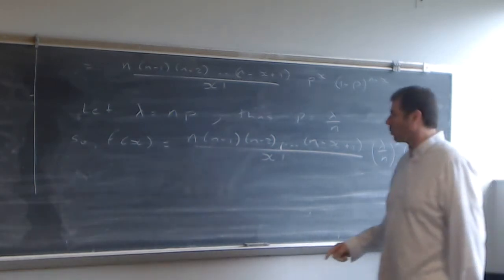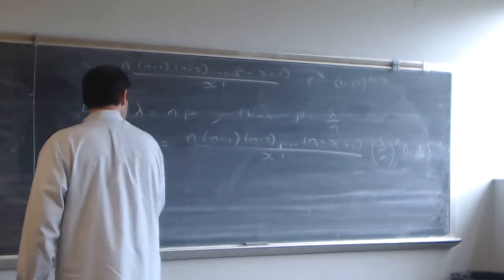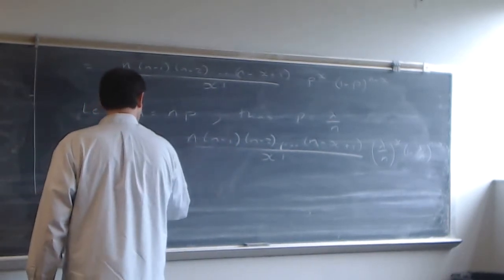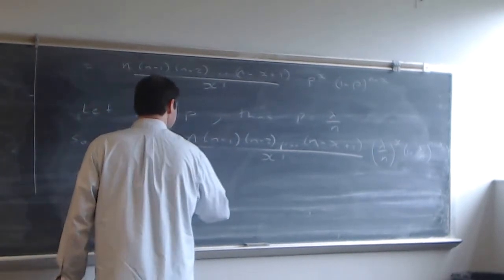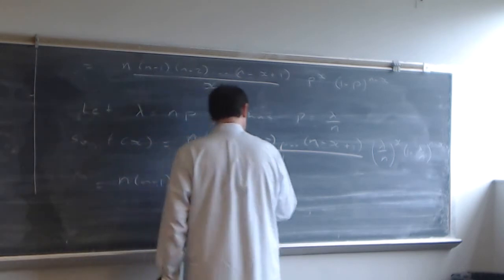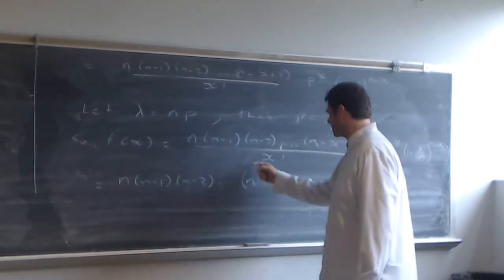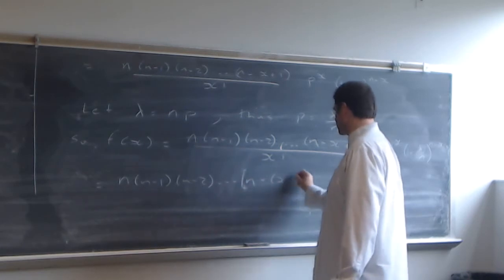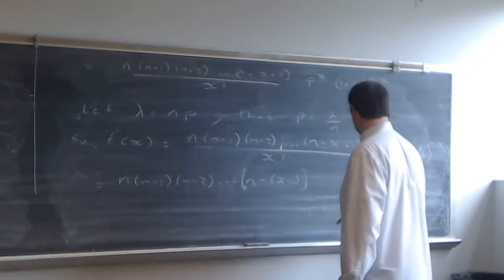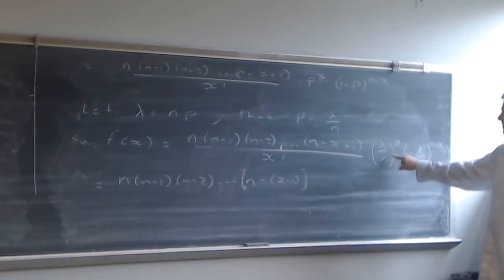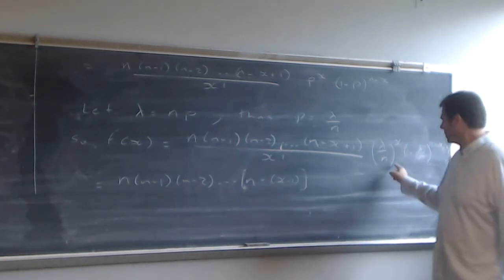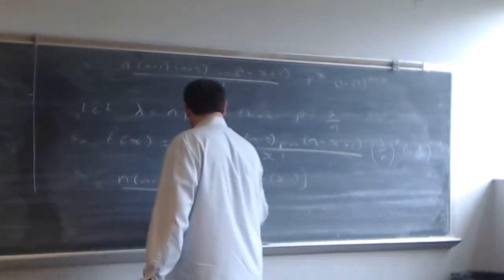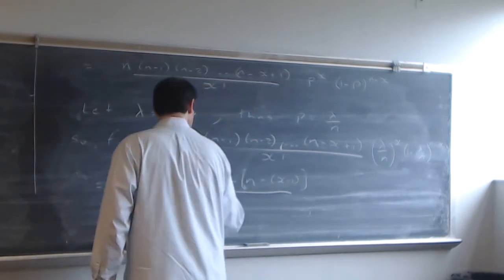All right, we'll reorganize some things here. This is equal to n times n minus 1 times n minus 2, all the way up to, and I'm going to rewrite this, n minus the quantity x minus 1. That'll kind of help me count. Look, this would be lambda to the x over n to the x. I'm going to move the n to the x over this guy. Okay.